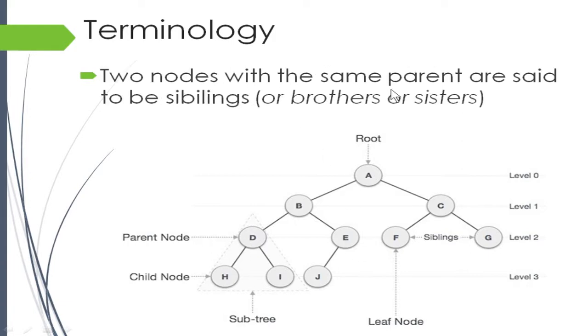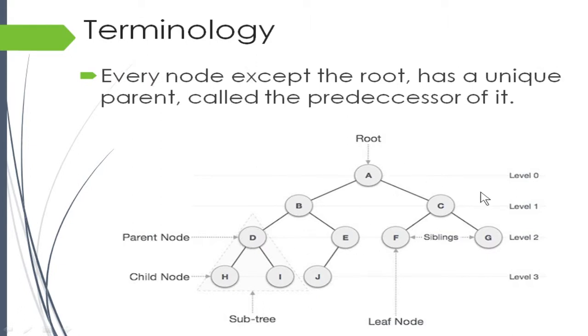Two nodes with the same parent are said to be siblings. For example, F and G have the same parent C, so F and G are siblings. Another example: B is a node which has 2 children, D and E. Both are called siblings. You can say brothers or sisters.